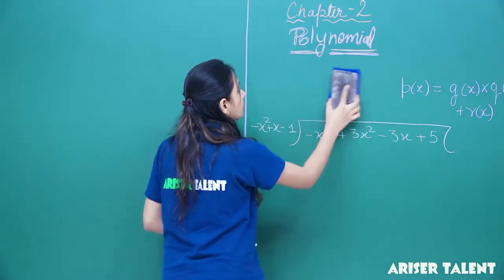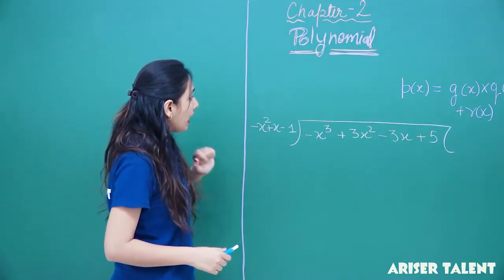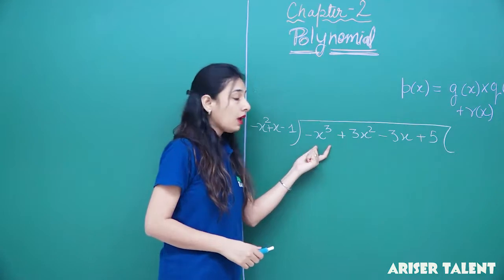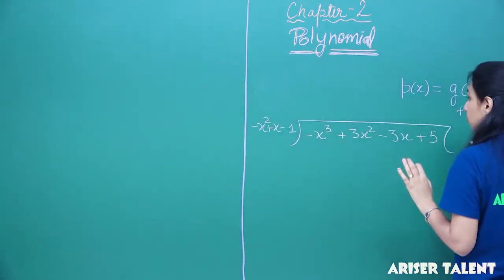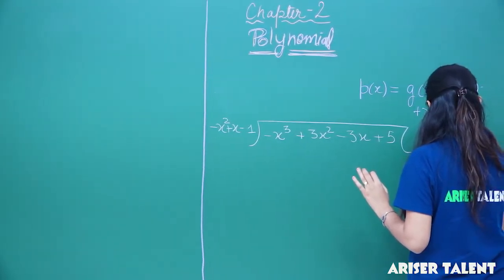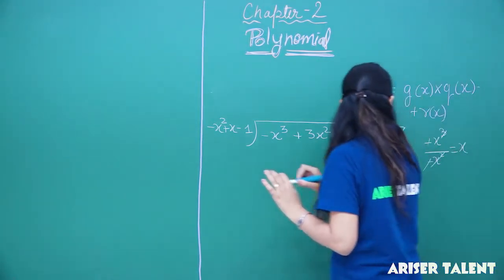So now what I have to do? I have to divide this term by this term simply. So minus of x cube upon minus of x square will give you nothing but x.